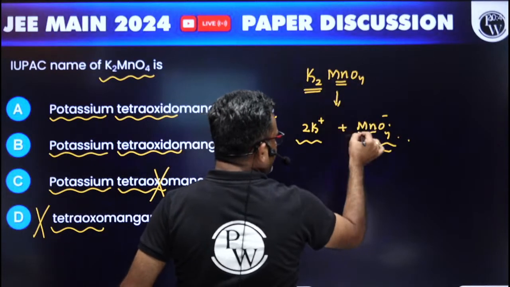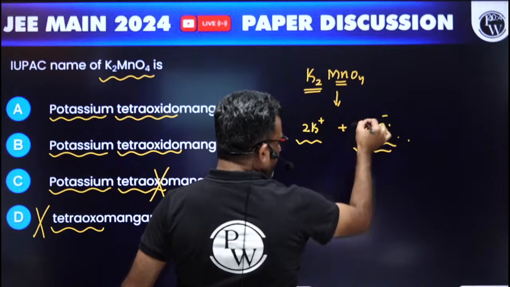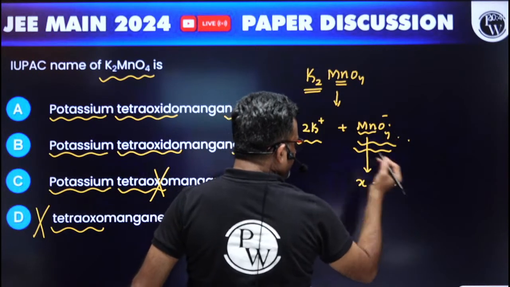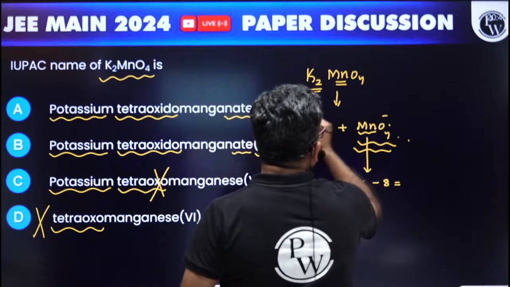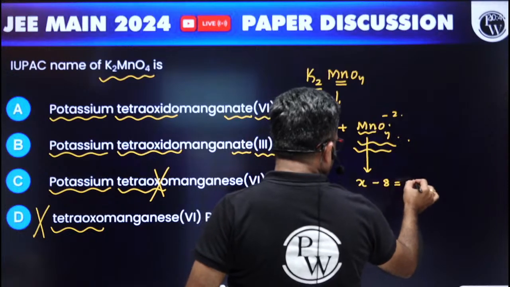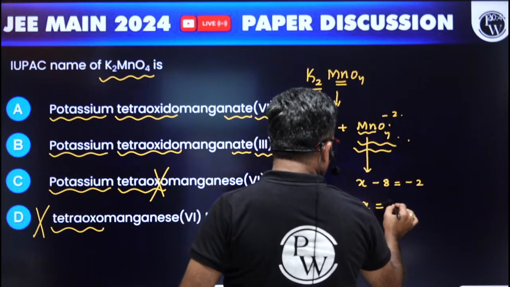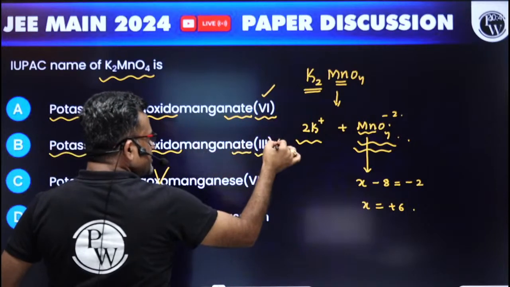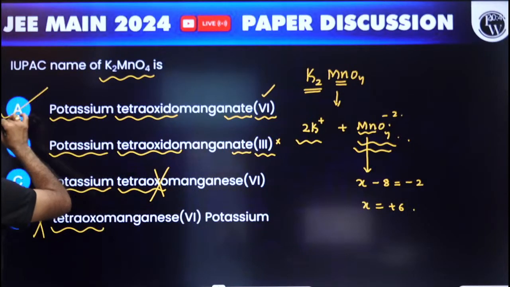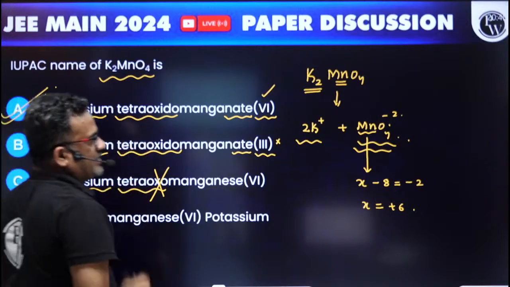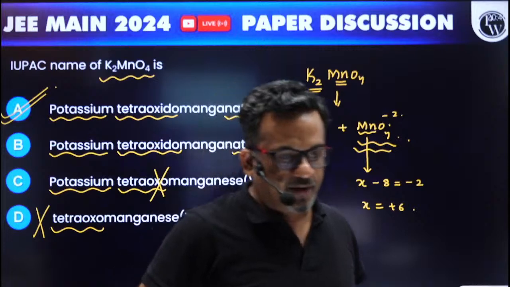Manganese is x, oxygen is -2 into 4, which is -8, equal to the charge on MnO4, which is -2. So x would be equal to +6. So +6 is right. So your answer would be potassium tetraoxidomanganate(VI). Is that clear?